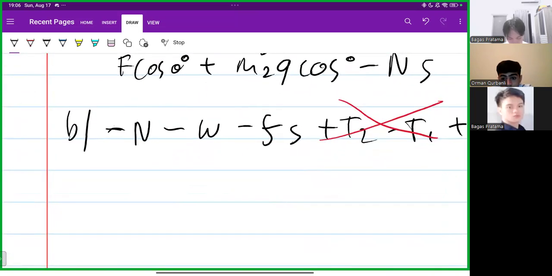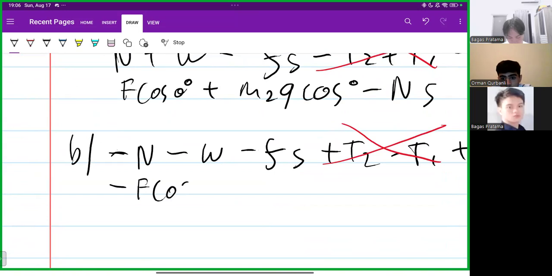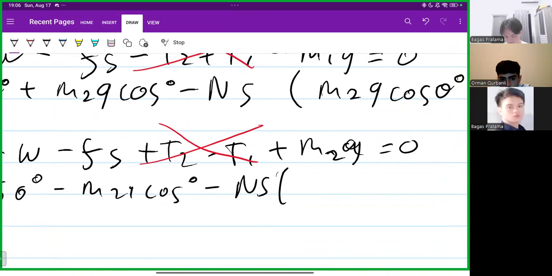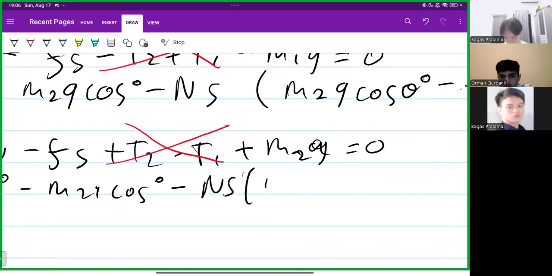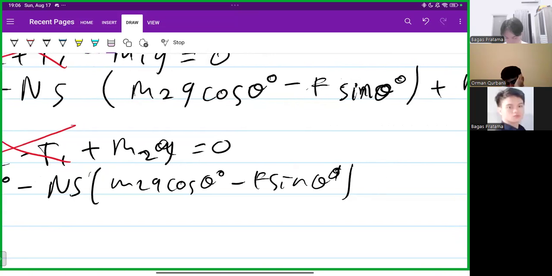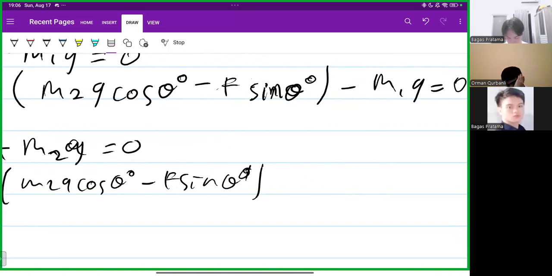So the N is the same, and F cos theta W minus M2G cos theta minus mu, as M2G cos theta minus F sin theta plus minus M2G M1.